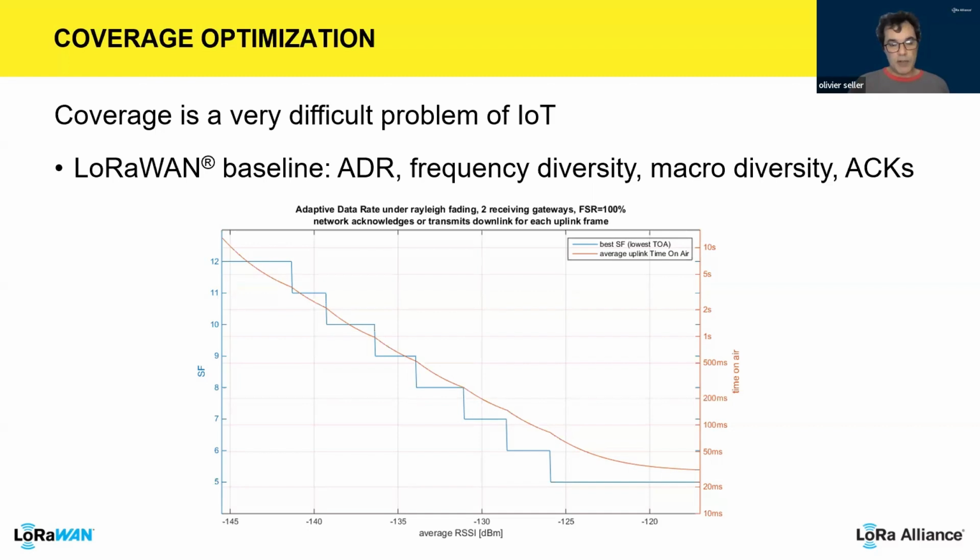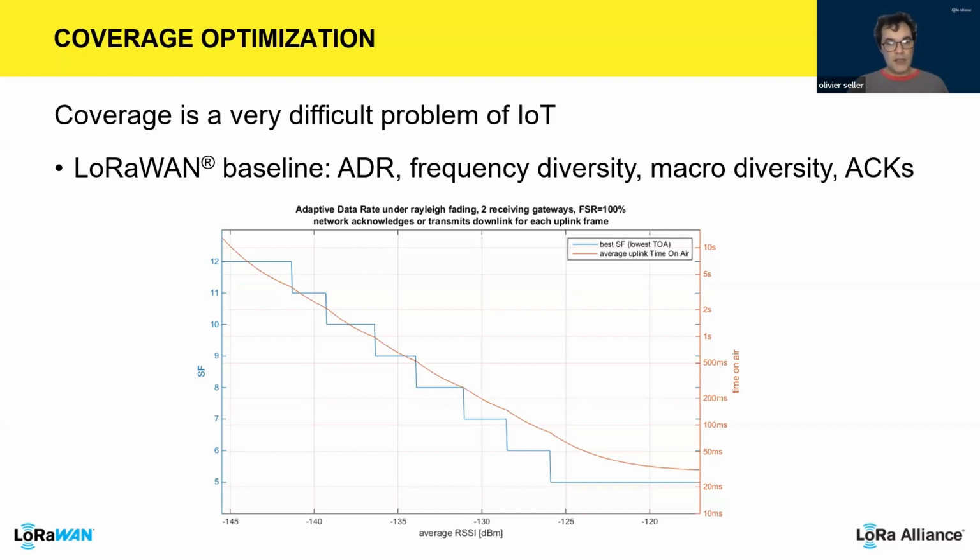These are new data rates that will be published soon in the regional parameters, when the next release of the regional parameters document is published. As the data rate is increased, the time on air is reduced gradually, in a gradual manner, not with steps, and that's because repetitions happen.